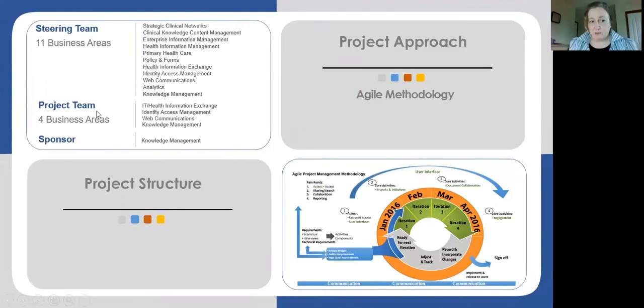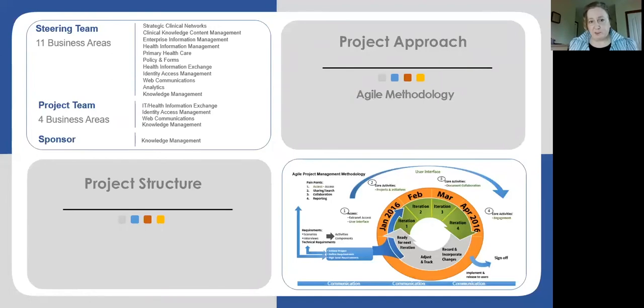The project team was the first of its kind in our organization, where we had IT, identity access, web communication, and knowledge management. And we were definitely in the storming mode when we started. And we had to go through all the levels of change there. And the sponsor was knowledge management.